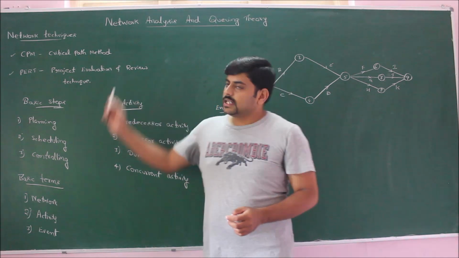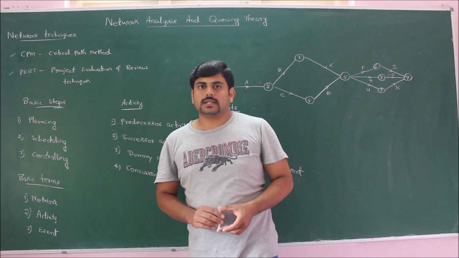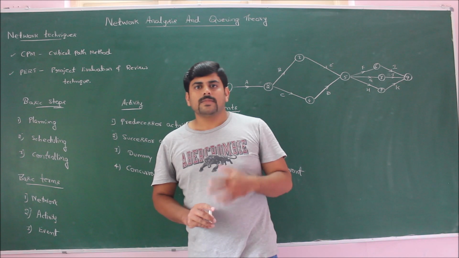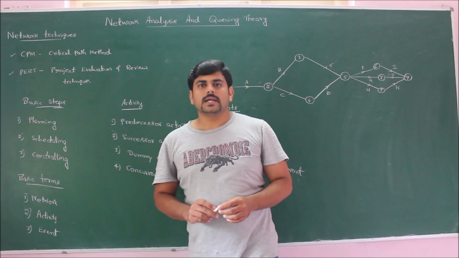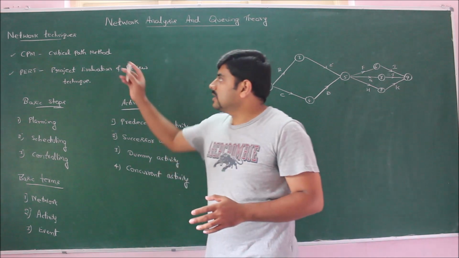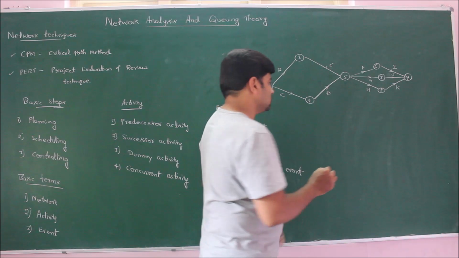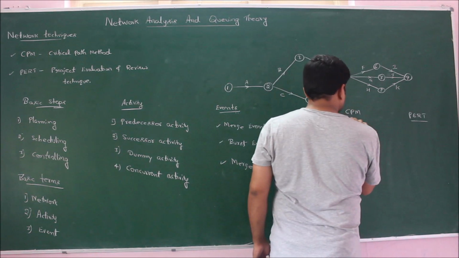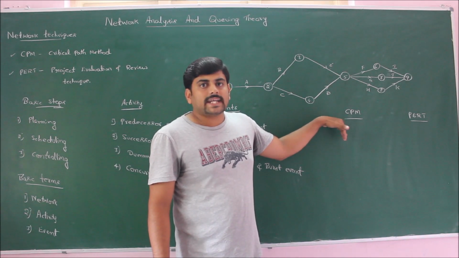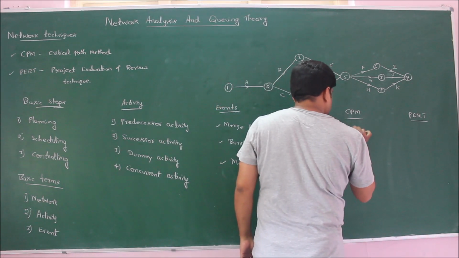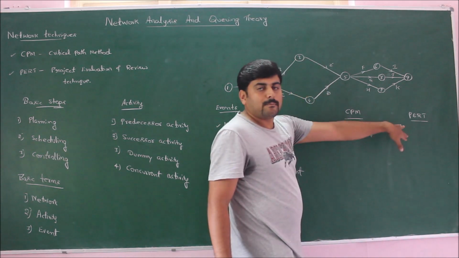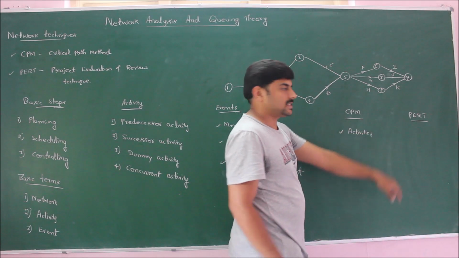Next, moving on to the difference between CPM and PERT. CPM and PERT are almost similar to each other with a minor difference, which we will be discussing in detail in further classes. The basic differences between CPM and PERT are: CPM emphasizes on activities, whereas PERT emphasizes on events.